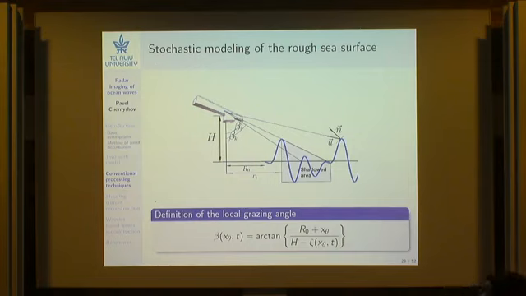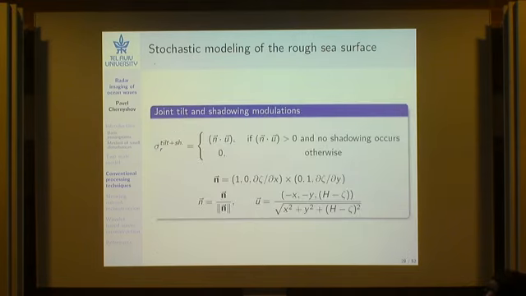The tilt modulation is more or less proportional to the scalar product between the local external normal vector and the vector looking to the radar at each point, which kind of makes sense, yeah? The maximum backscatter will be when they look in the same direction. This is the formal definition. Probably I don't need to stay long here.